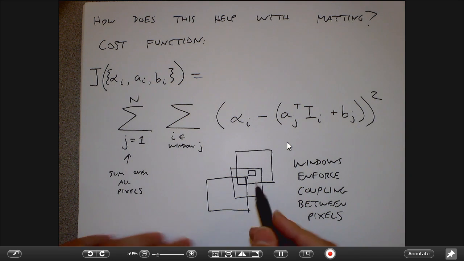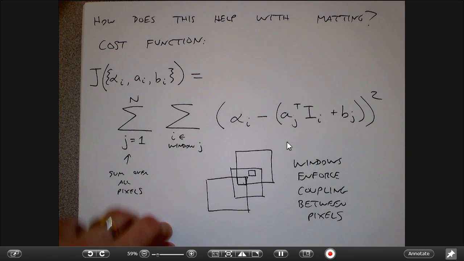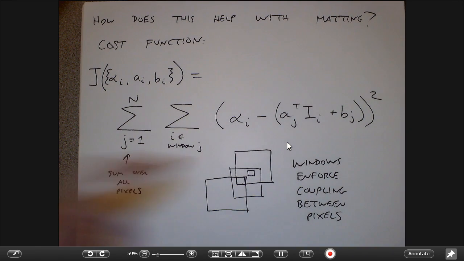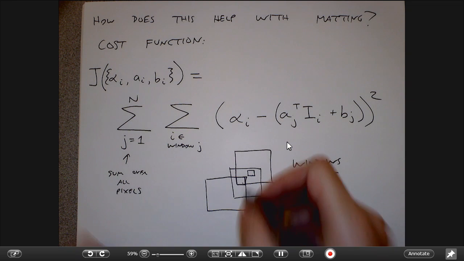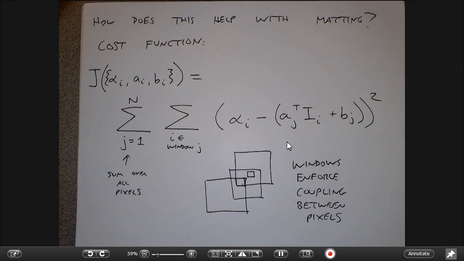No longer is the estimate at this pixel a totally independent thing from this pixel, because they're grouped together since they're close by in a window. A pixel over here is still not very involved with this one because they're not directly related, but pixels that are within a window's length of each other are going to be nicely related. So this gives us a way of getting some nice spatial coherence, making sure that we don't have alpha values that vary like crazy over the whole image. Okay.